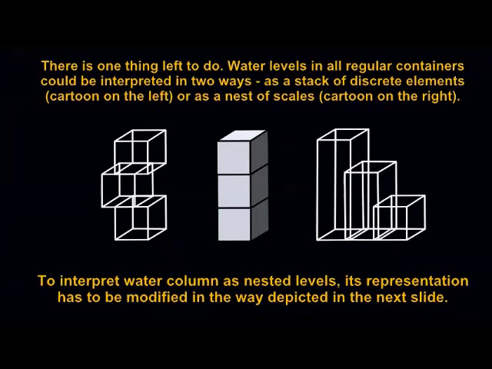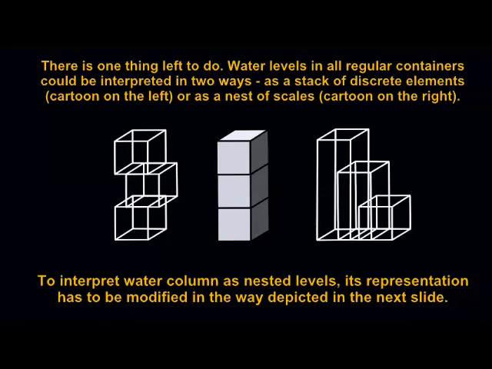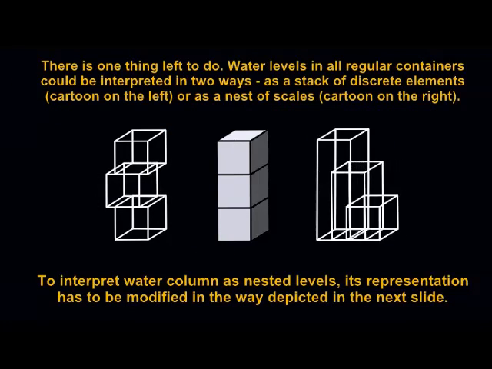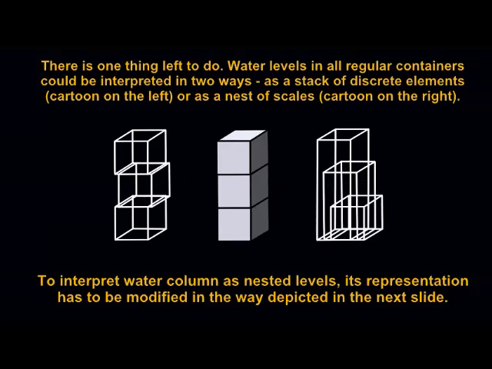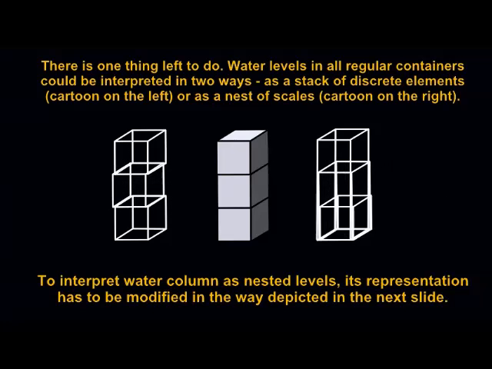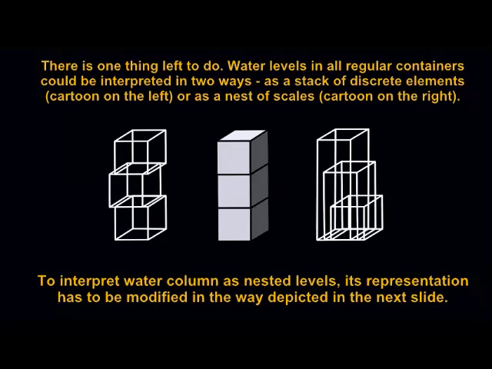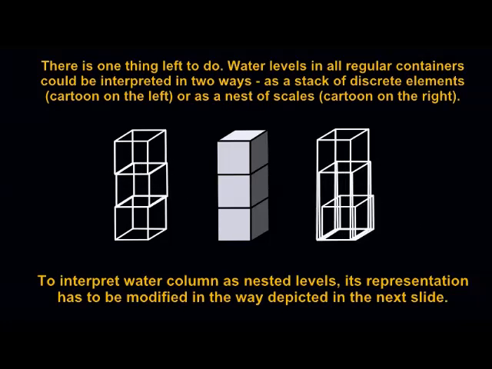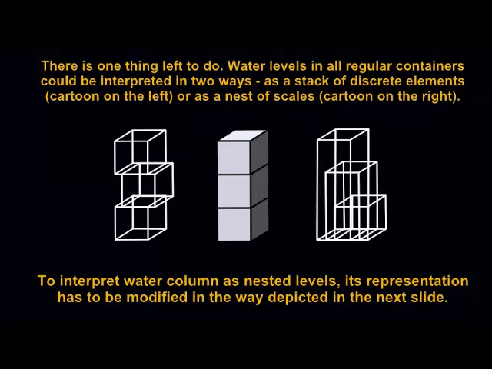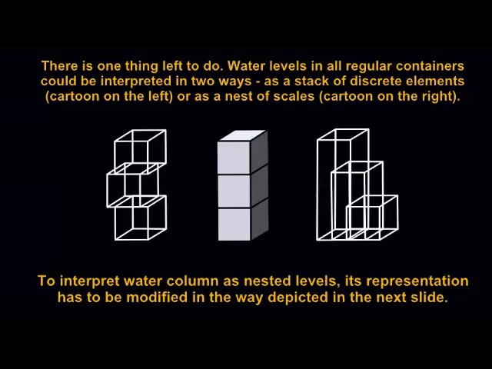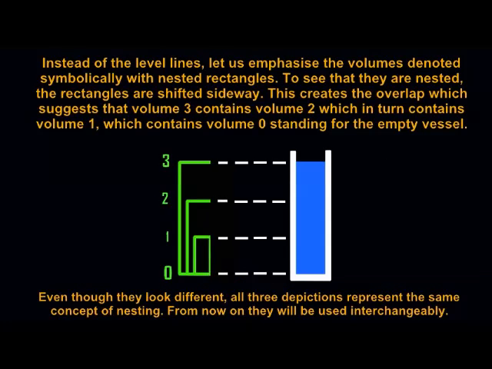There is one thing left to do. Water levels in all regular containers could be interpreted in two ways: as a stack of discrete elements or as a nest of scales. To interpret water column as nested levels, its representation has to be modified in the way depicted in the next slide. Instead of the level lines, let us emphasize the volumes denoted symbolically with the nested rectangles.